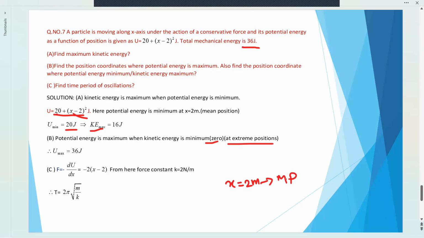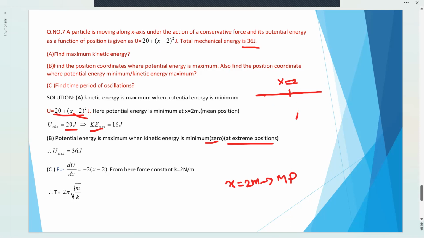If you want the coordinates where potential energy is maximum, I will draw a diagram here. The mean position corresponds to x equal to 2.